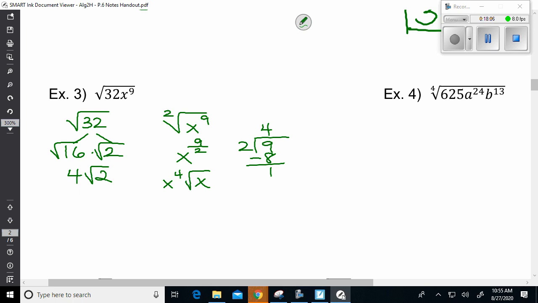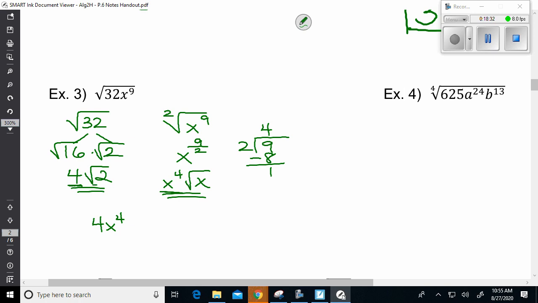So now notice we have 2 parts. We can't have 2 parts. We need to combine them to have one answer. This is how that works. Whatever was on the outside stays outside. So 4 times x to the 4th is 4x to the 4th.